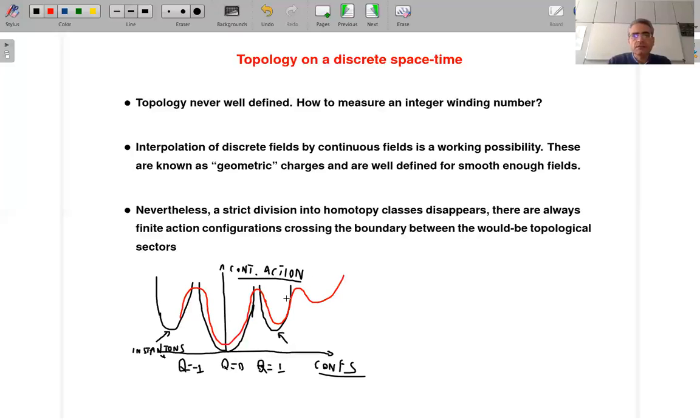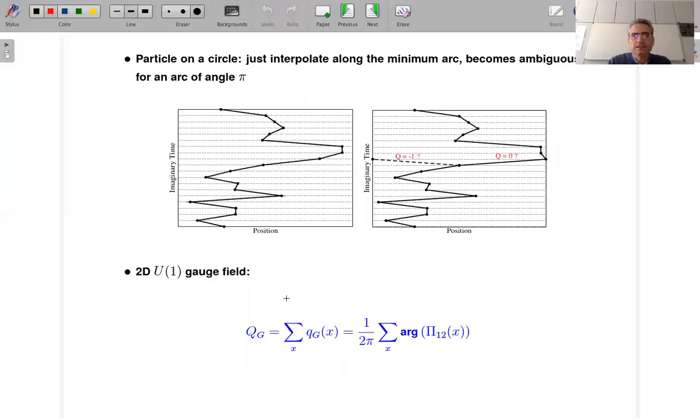How this interpolation works is quite clear in the simplified models that we considered. For instance, if you consider the particle on a circle, this is a picture of a possible discretized path, and this is the circle going from 0 to pi r in the notation of the previous lecture.